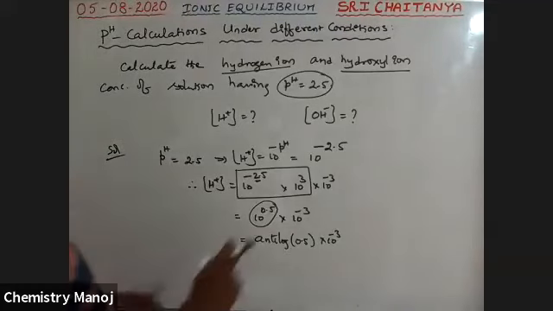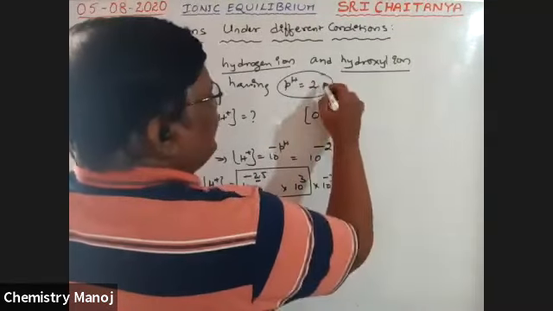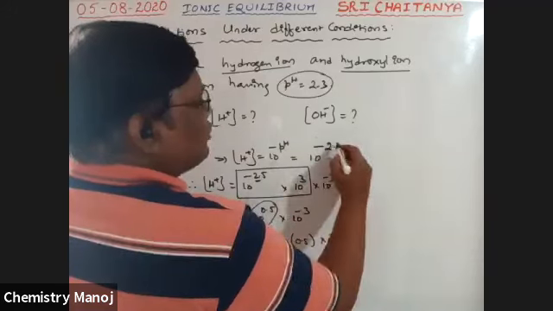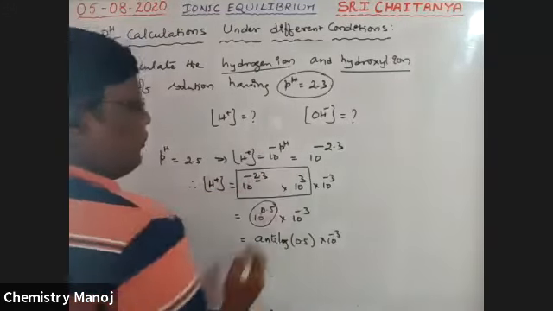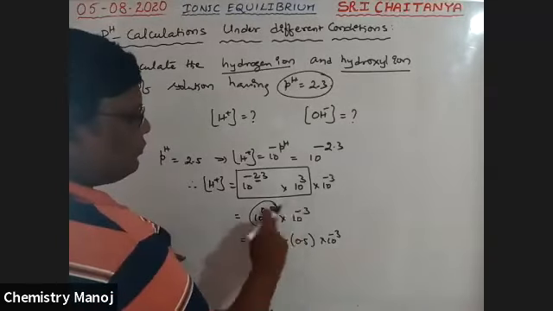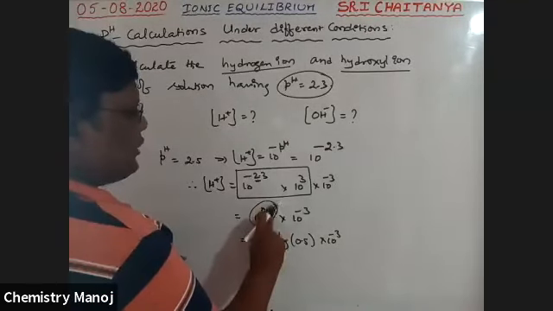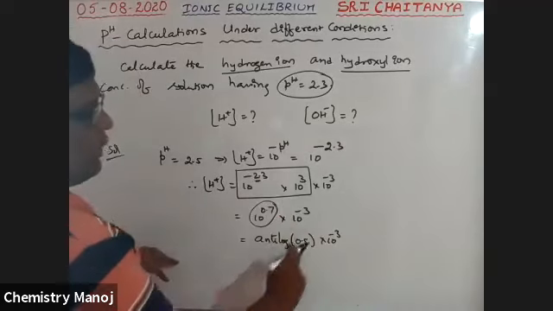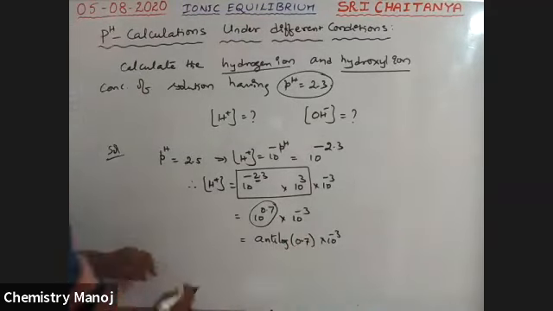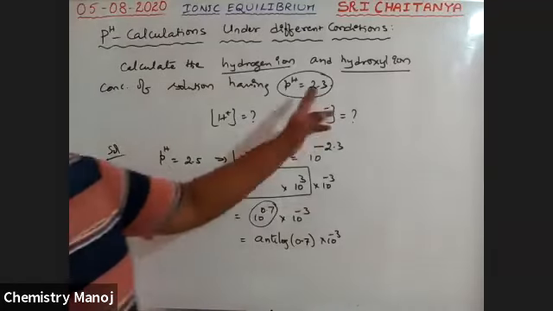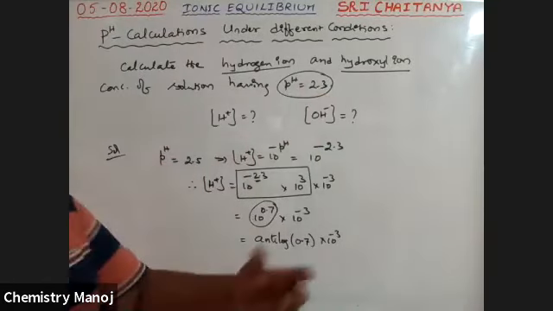See boys, I am taking this one as 2.3, which means it is 0.7, right? I'm taking 2.3 boys instead of 2.5 for calculation purpose.